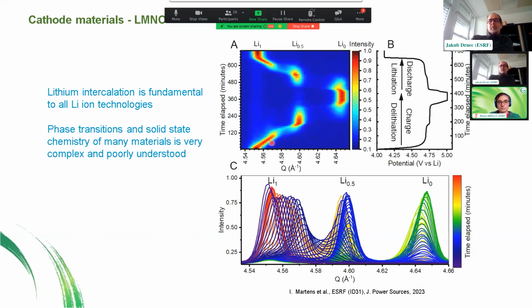When you charge your battery only to this part, it's much more stable, but you are losing capacity. So this tells you one thing: if you have your cell phone battery or your car battery, don't charge it fully or discharge it fully, because you start to go through these phase transitions, which are really detrimental for the battery.